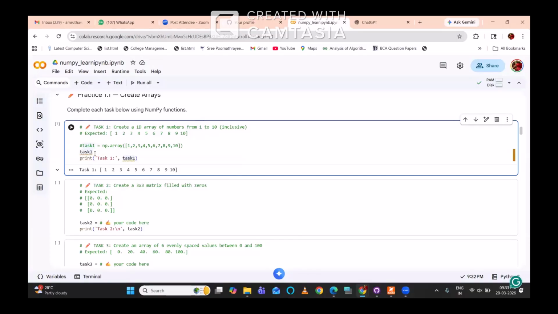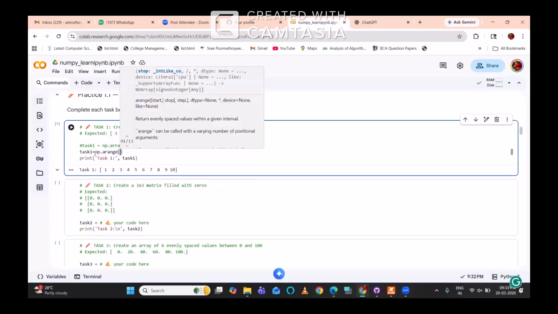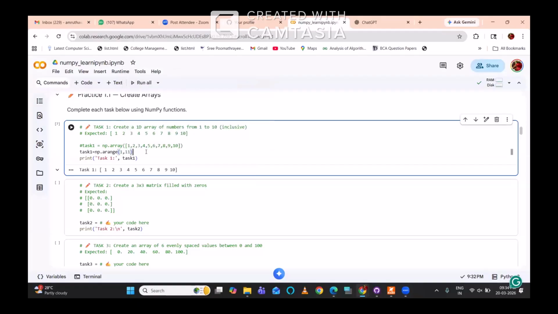Yeah, task1 is equal to, what should be the function? np.arange, within bracket. What should be the arguments? Please, someone else. 1 comma 11, because the upper limit should not be included. Yeah, 1 comma 11.